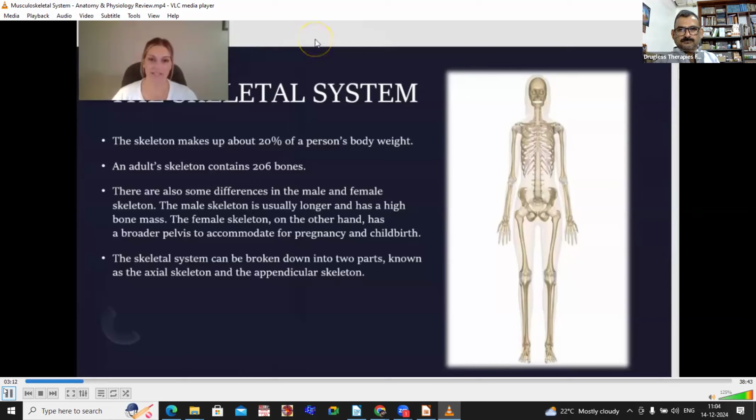Obviously, the male skeleton is usually longer and has a higher bone density or bone mass. The female skeleton, on the other hand, has a broader pelvis to accommodate pregnancy and childbirth. And the skeletal system is then further broken down into two parts known as the axial skeleton and the appendicular skeleton.